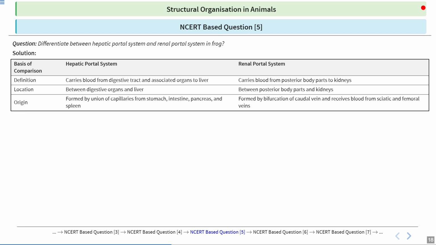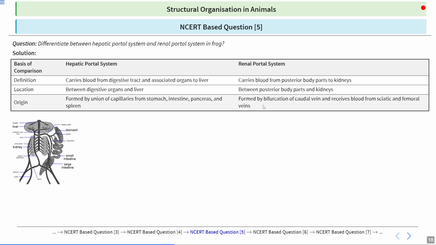Similarly, the origin of renal portal system is formed by the bifurcation of the caudal vein and receives blood from the sciatic and femoral vein. These are the veins that come from the lower parts of the body, from the legs, from the lower back, right? And all of them join and enter the kidney, that is the renal organ.